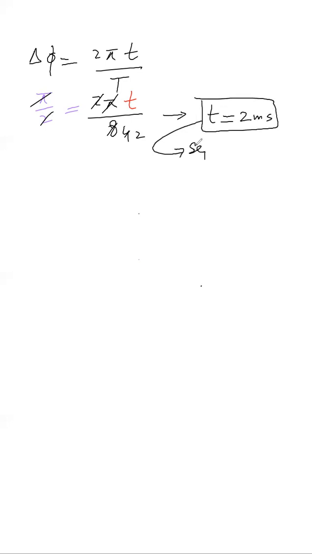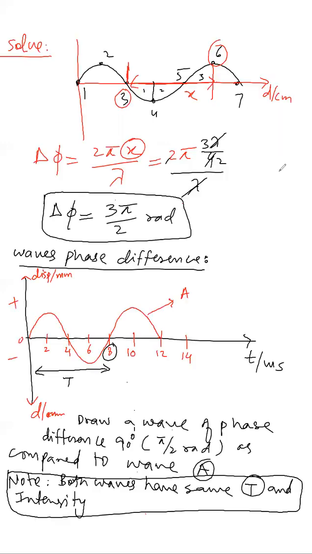This is actually separation between two waves. It means that if we go back, we got a time of 2 milliseconds. We have to start second wave from 2, and we have to keep the time period and the intensity same.